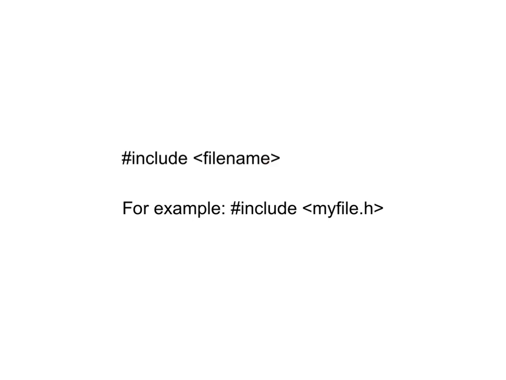So, for example, if you had a file called myfile.h and you wanted to include it, you would write pound sign, include, less than sign, myfile.h, greater than sign.